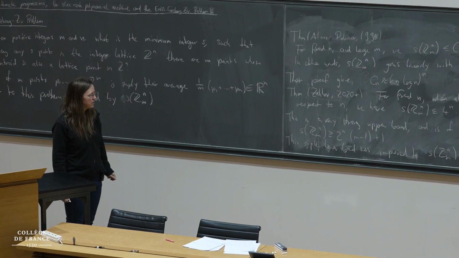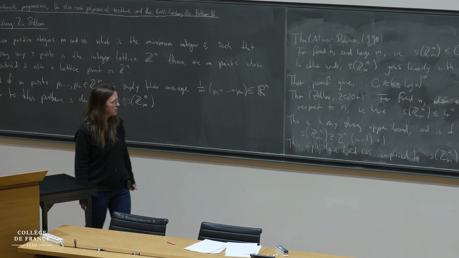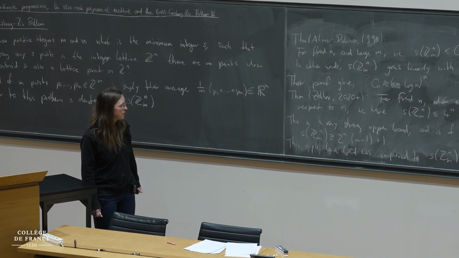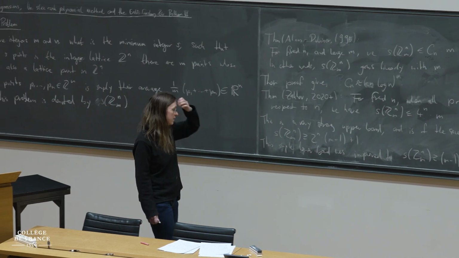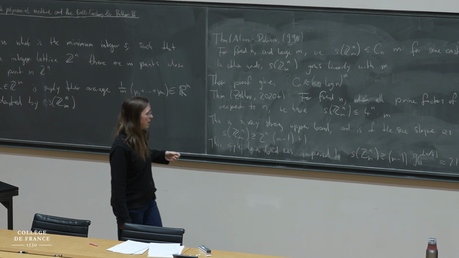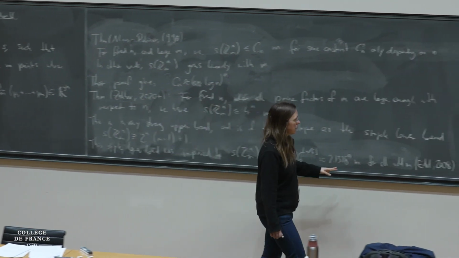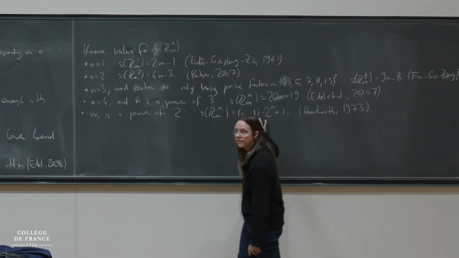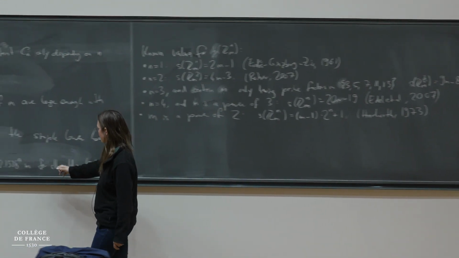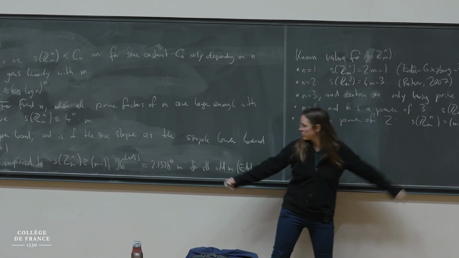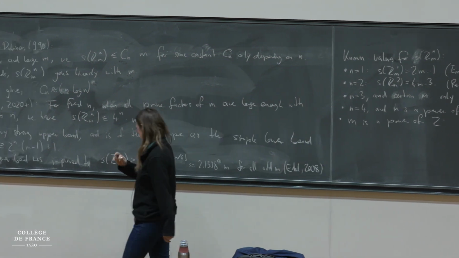So there's a dependence in the behavior based on the parameter m, because when m is a power of 2, we get just 2 to the n, but when m is odd, we get more than that. Yes, if m is a power of 2, then this is known exactly. And if m is odd, we have this lower bound, which is much more than that, right? So yes, you're right.